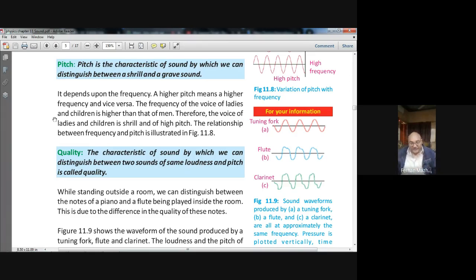Try to understand this activity. You take a bicycle, make it stand on the stand, and ask a friend to rotate its pedals, and the rear wheel will rotate. It will be revolving.